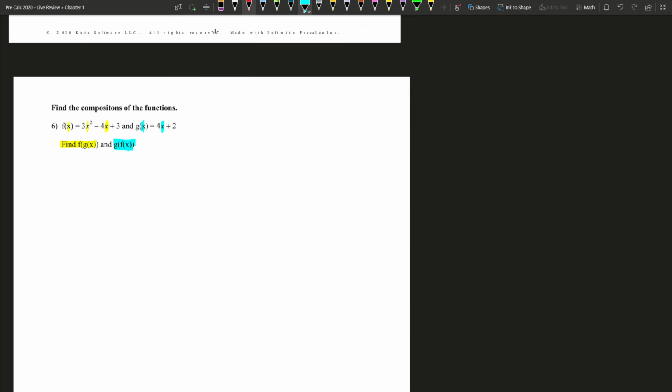So for f of g of x, we have f of 4x plus 2. Our new input is not just x anymore, it's 4x plus 2.